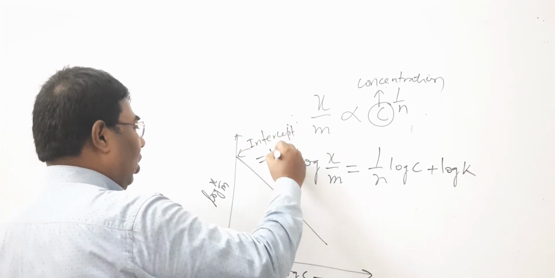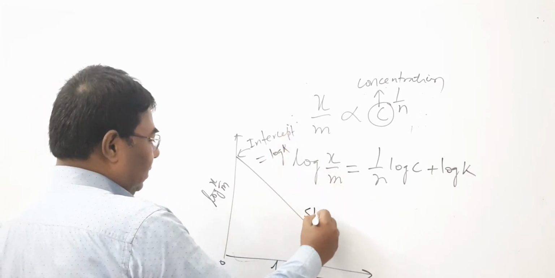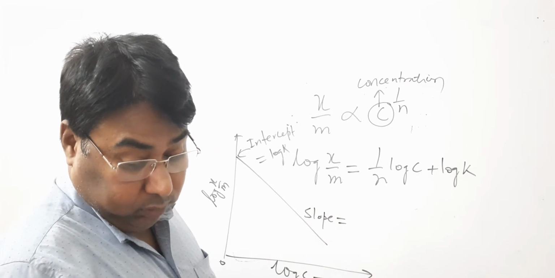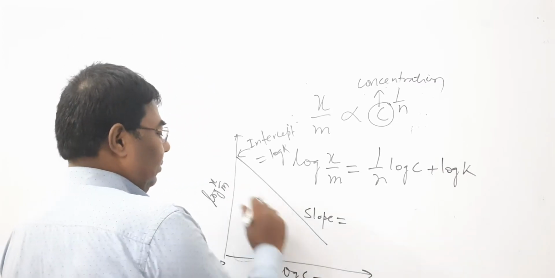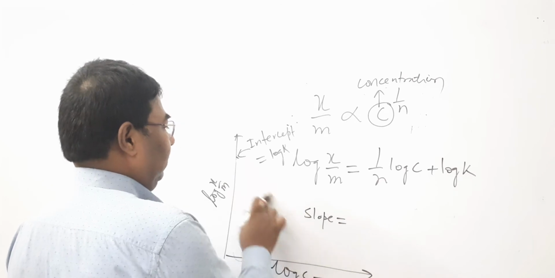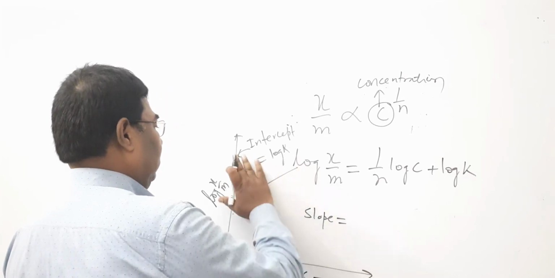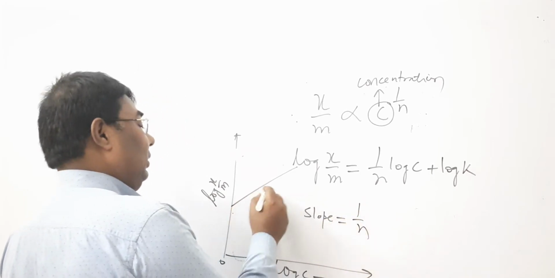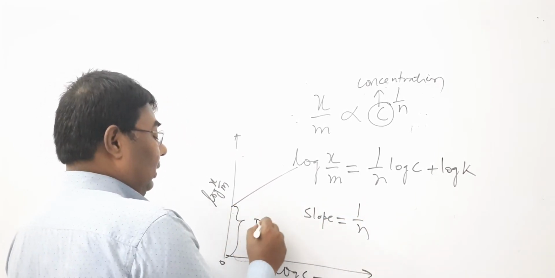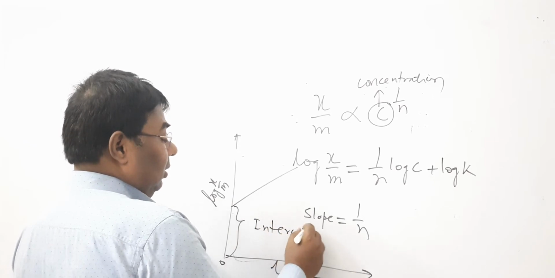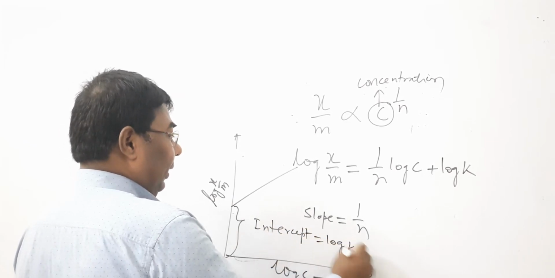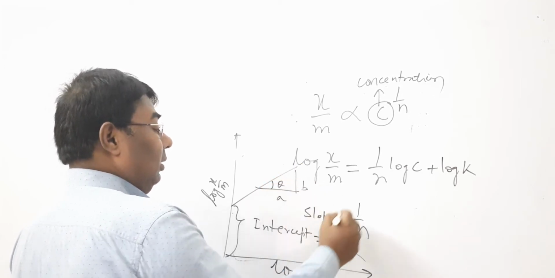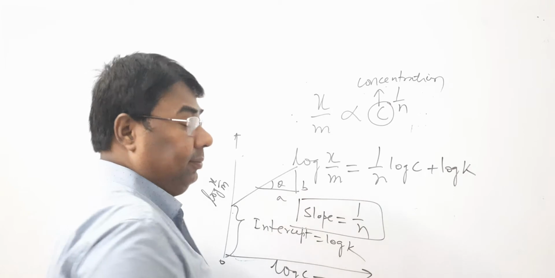intercept is equal to log k, and slope is equal to 1 by n. This is the intercept, which is equal to log k, and the slope is equal to 1 by n.